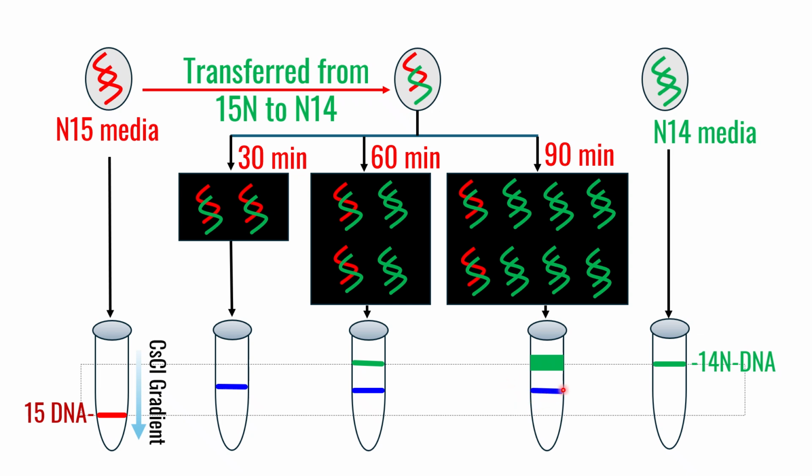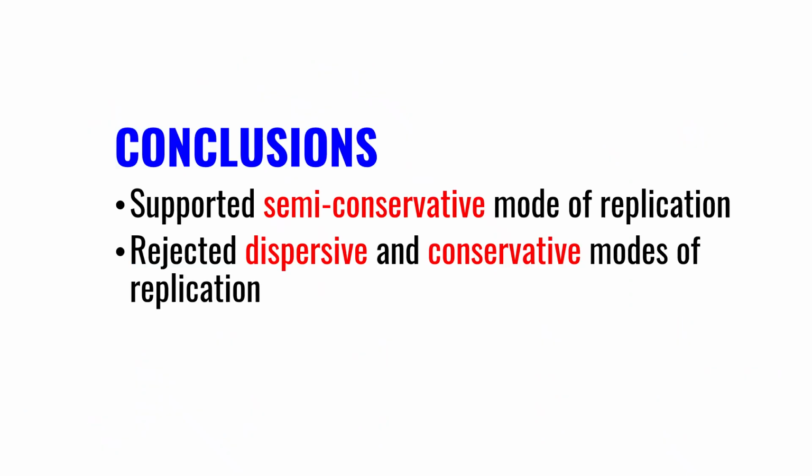This suggested the semi-conservative mode of replication and rejected the other two, including dispersive and conservative mode of replication. So in conclusion, these findings supported semi-conservative mode of replication and rejected completely the dispersive and conservative mode of replication.